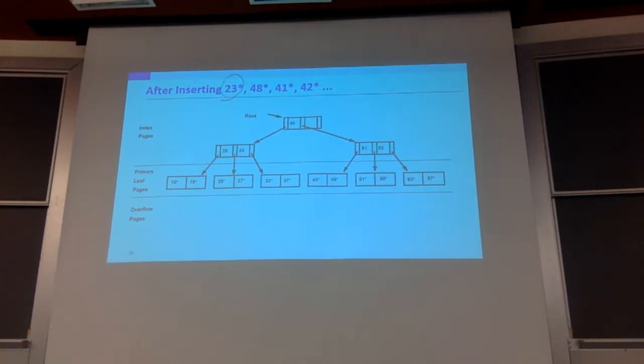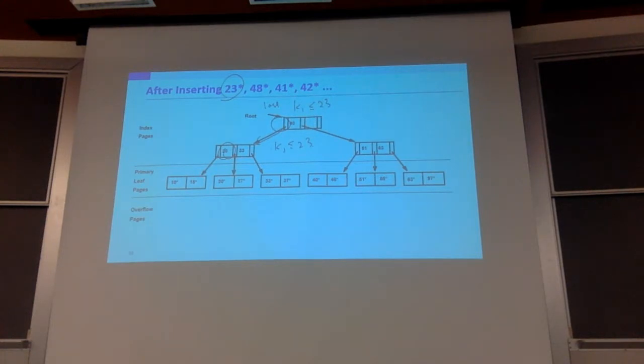We first find the location for 23 using the same method we talked about before. You search for the last k1 that is smaller than or equal to 23, follow this link, then search for k2 that is smaller than or equal to 23, and it's going to be this one, the 20 here.